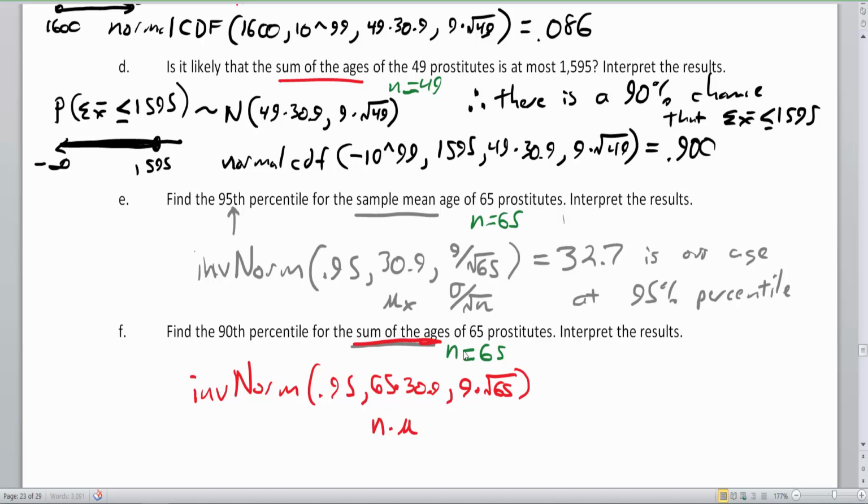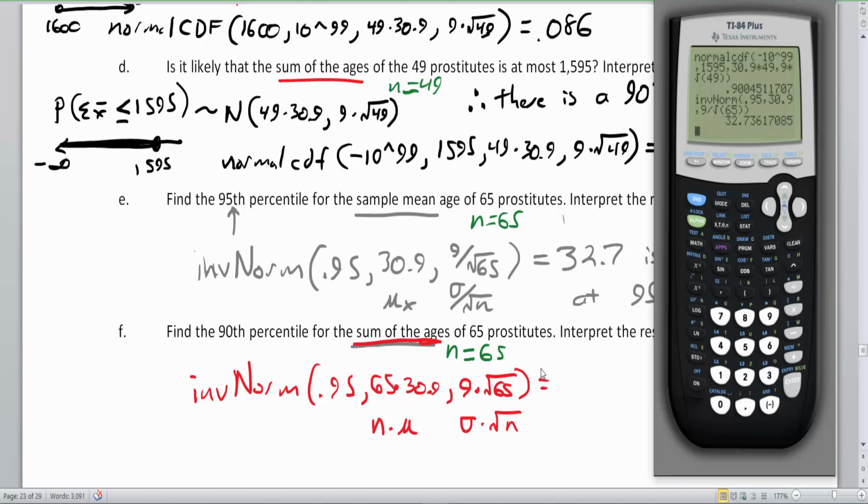And again, to reiterate, this is our standard deviation times the square root of n. All right, let's go type that in and see what we get.